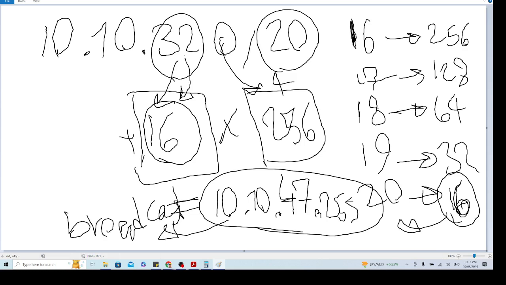This magic number will do everything for you. 16 multiplied by 256, let me use my calculator. Okay, it comes to 4096 IP addresses, which you can divide by that network and broadcast, and you get 4094 available IP addresses for that.